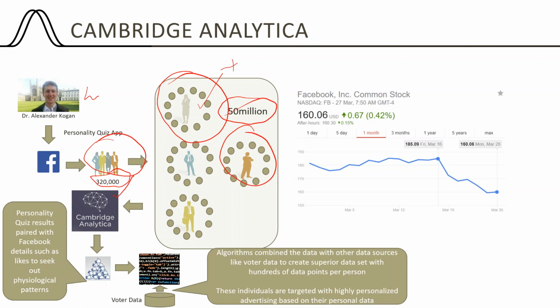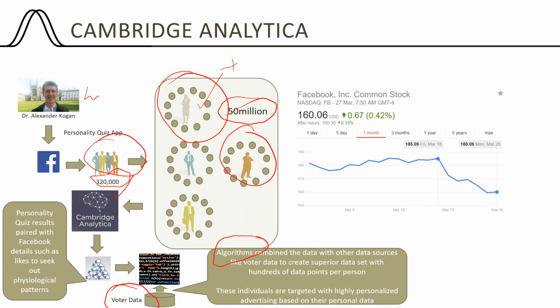So they have all this personal information, and that shows the psychological patterns of a person. So using this, they got another database, which is voter data. Okay, so this is during the Trump campaign. So they got the data from the voter database. So they try to match the two databases together using some algorithms.